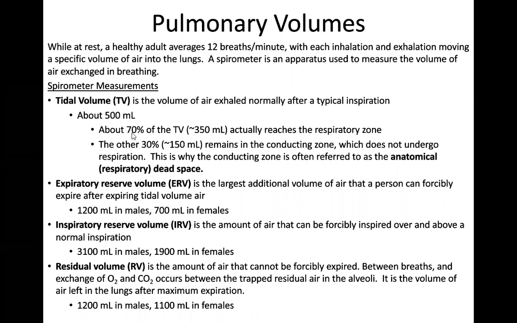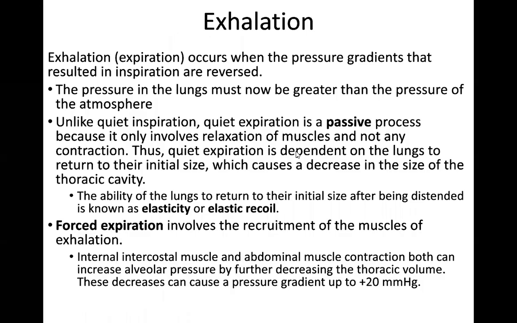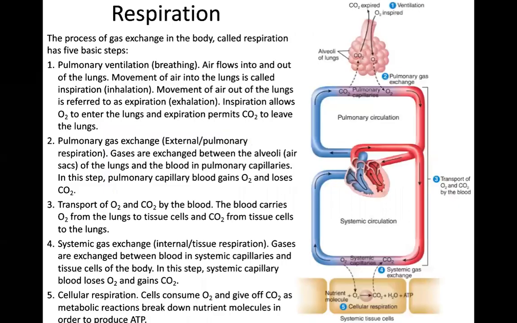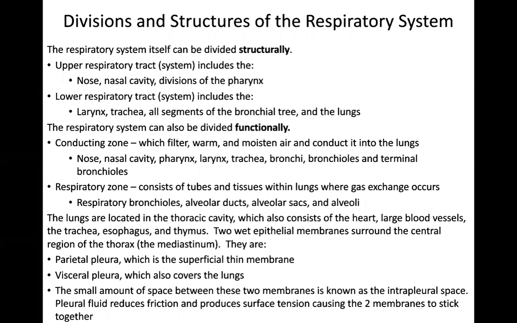About 70% of that actually reaches the respiratory zone to undergo gas exchange, goes to those little grape-like alveoli that I talked a little bit about last time. The other 30%, about 150 mils, remains in what we call the conducting zone, which, remember, we mentioned last time, is the parts that don't perform gas exchange, from your nose down to your terminal bronchioles.